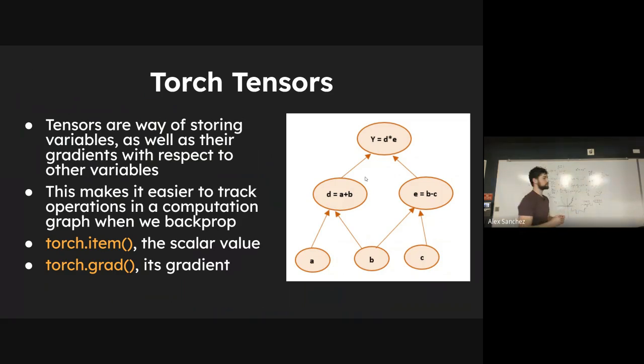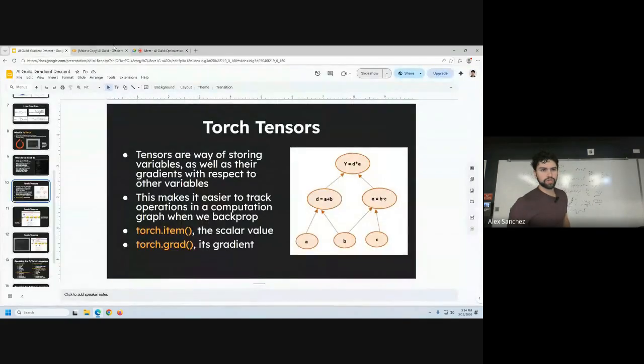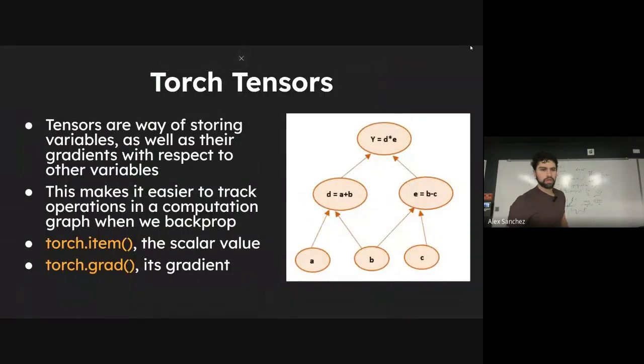And remember, we do the derivations from this loss as we go backwards. That is our backpropagation.